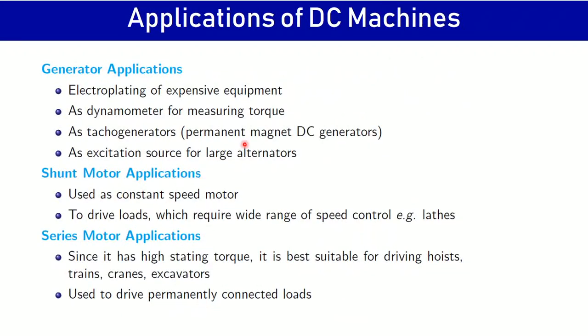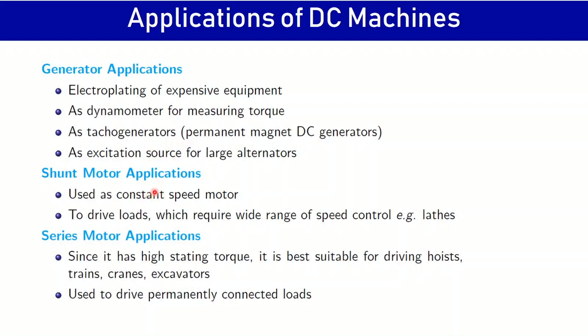Finally, DC machines are not very popular for generating applications because most of our power system is AC in nature, but still in very specialized applications such as electroplating, we employ a DC generator. They are also used for tacho operations where because the speed is directly proportional to the amount of voltage generated, they are used as tacho generators.